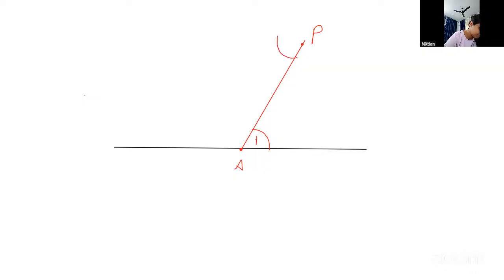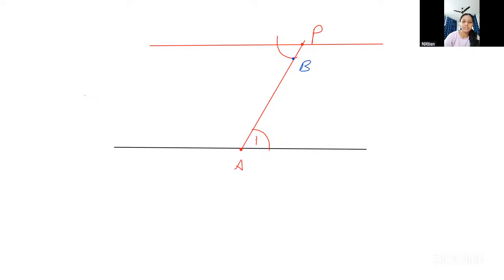This point will be point B. Join here. From B, you can cut an arc on P also, like this.